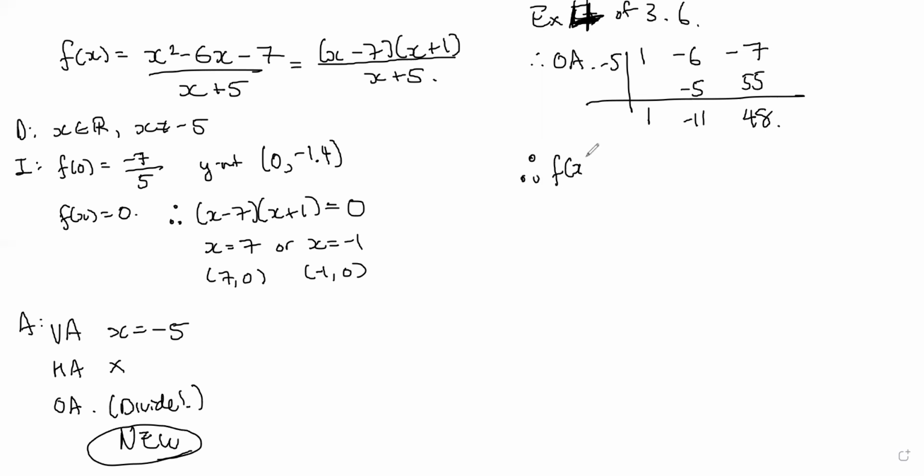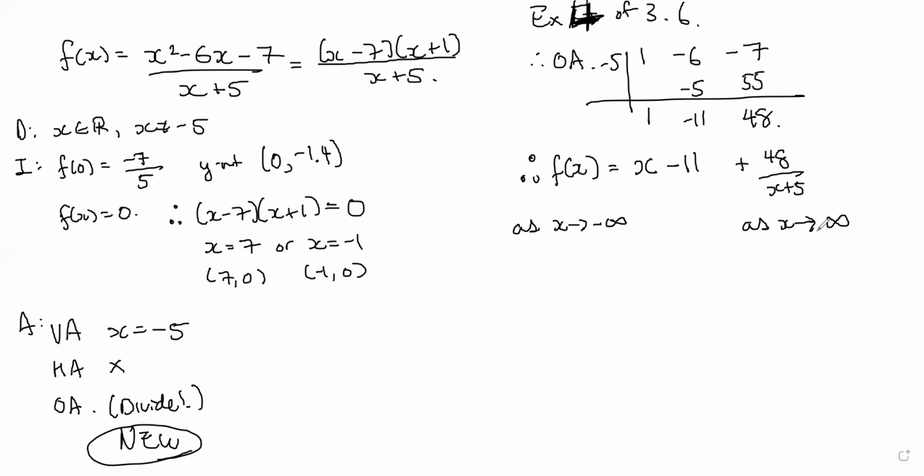So f of x, if I continue graphing this, it will start to behave like mx plus b, not a quadratic, not a cubic, not anything crazy, but mx plus b. And I do have a remainder, but when we start talking about end behaviors, that becomes negligible. So negative and positive.